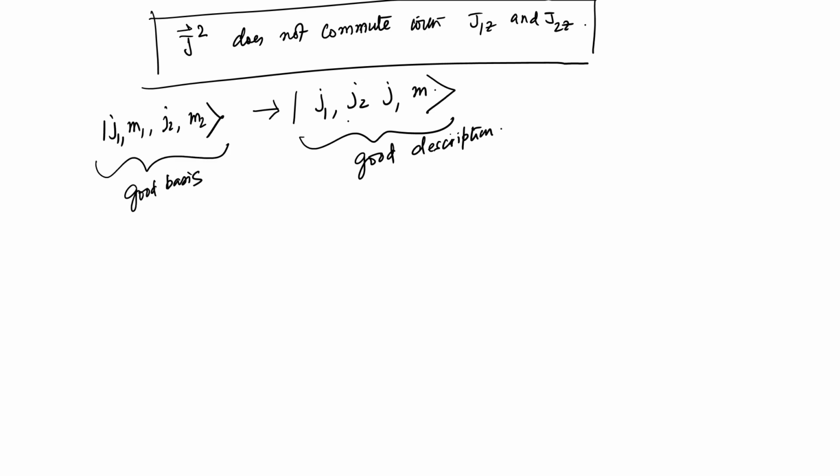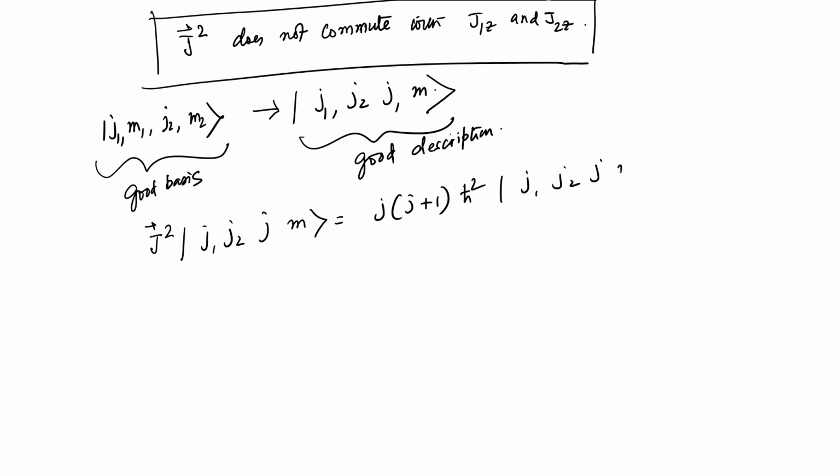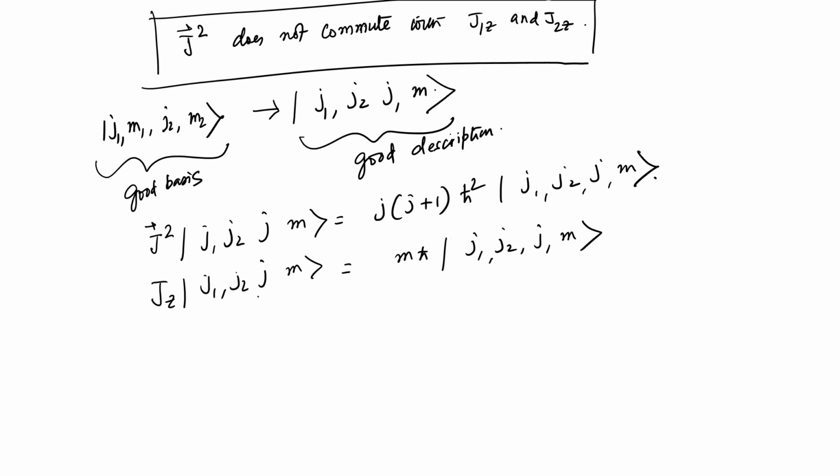And why is this a good basis? This is a good basis because J square acting on this J1 J2 J M is going to give us J into J plus 1 h cross square and return the same basis state J1 J2 J M. And also the total, the sum of J1Z and J2Z, acting on J1 J2 J M gives M h cross times J1 J2 J M. If I forget to put the commas, please do put them.